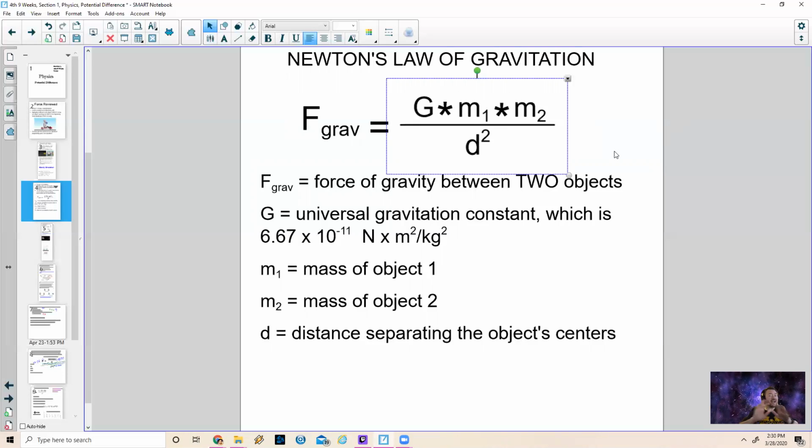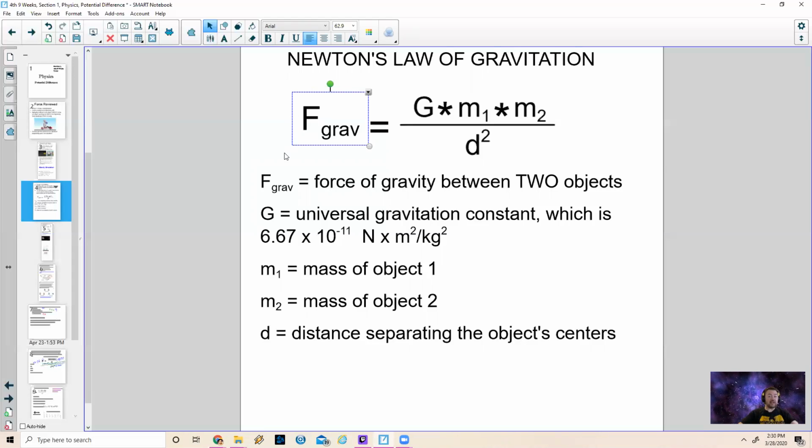But you can probably kind of see what's going to happen when we use Newton's law of gravitation, because you've already seen this in the animation. If I have two objects with a certain distance between them, they're going to produce a certain force. Well, what happened when I kept the objects the same distance from each other, but I reduced the mass of one of those objects?